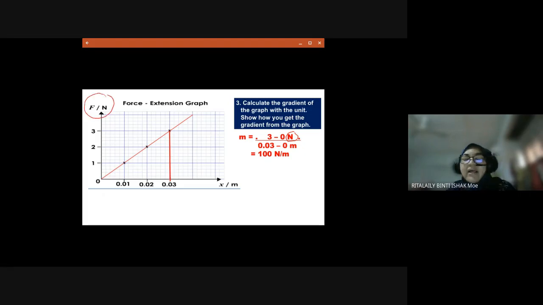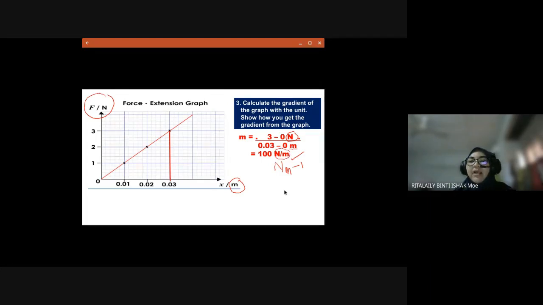Gradient is y divided by x. The unit for the y-axis is Newton, and the unit for the x-axis is meter. Write the unit next to the value so that when you calculate, you will get the correct unit. N divided by m, or N m^-1. If you want to leave your answer like this, also can, no problem.